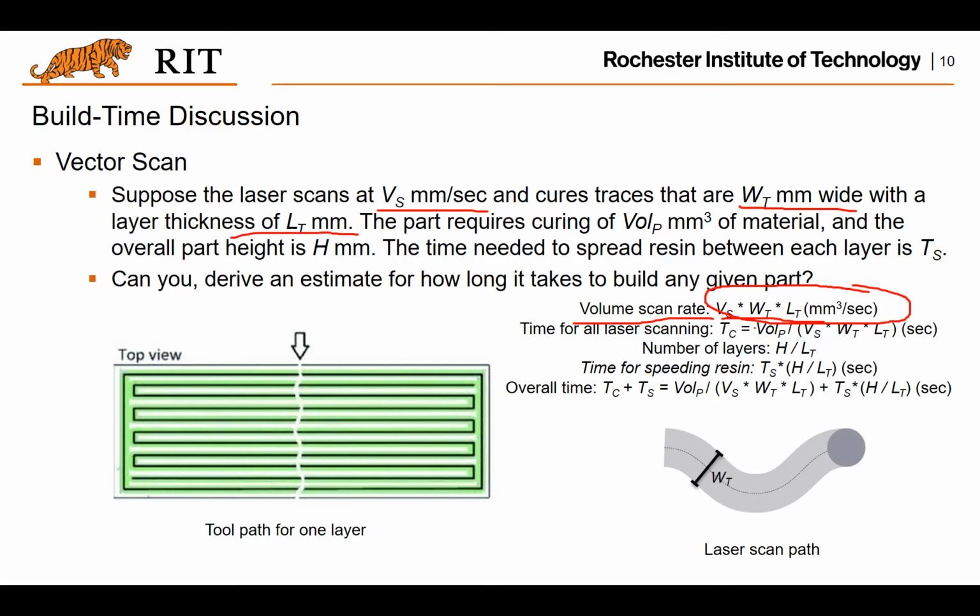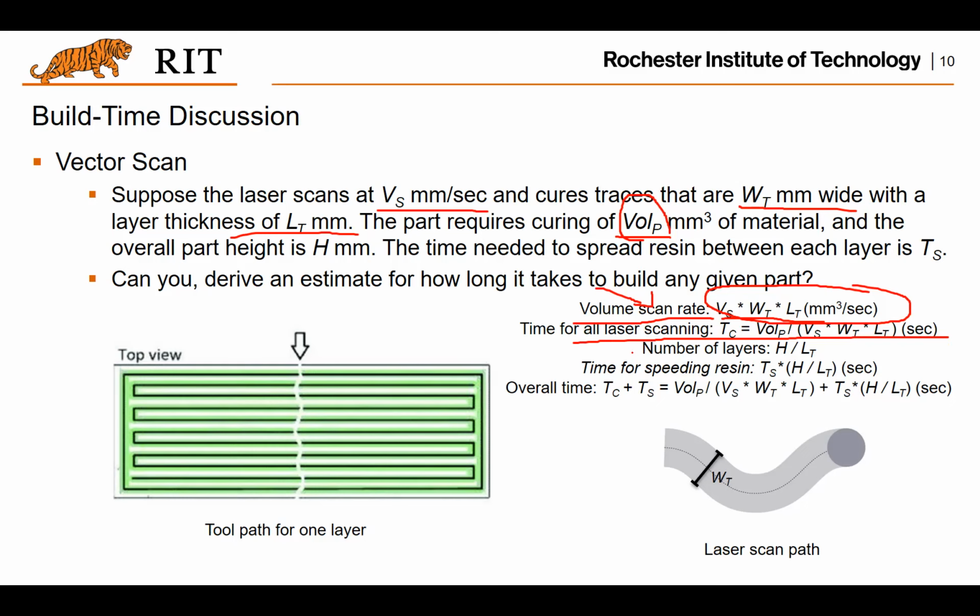Since you have the total volume and the volume scan rate, divide the total volume by the volume scan rate, and that will be the total laser scan time. That's only the laser scanning time.